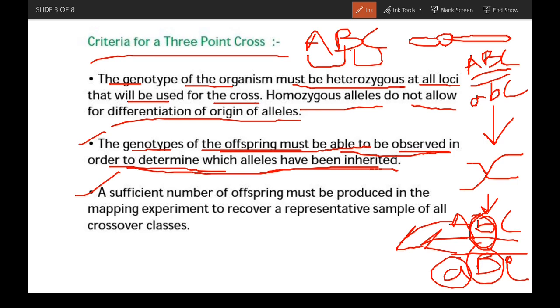The third criterion for a 3-point test cross is that a sufficient number of offspring must be produced in the mapping experiment to recover a representative sample of the crossover classes. So this one is simple.